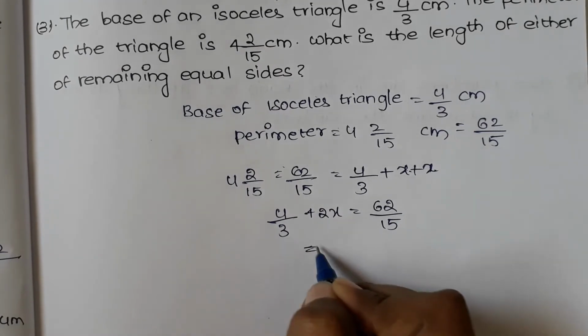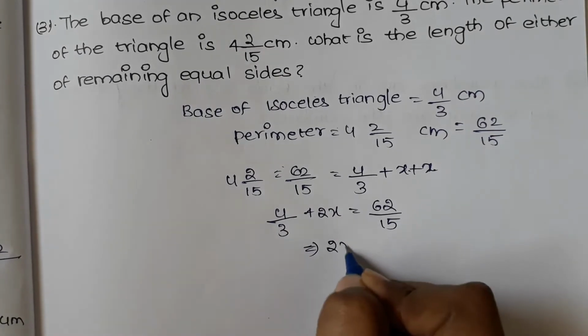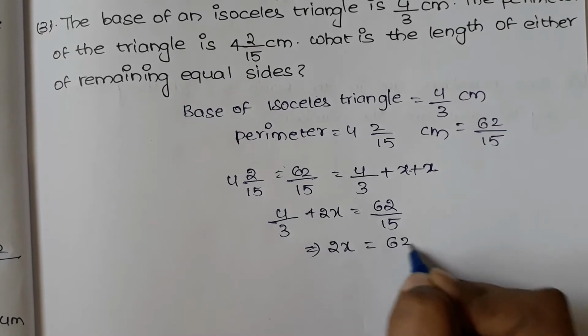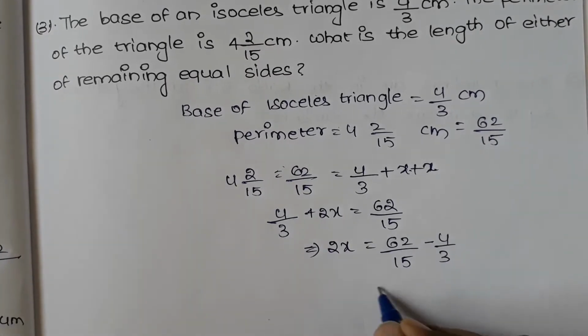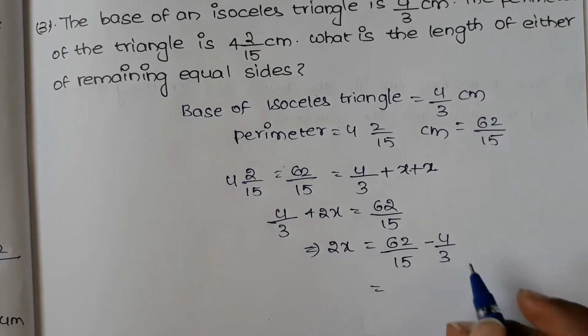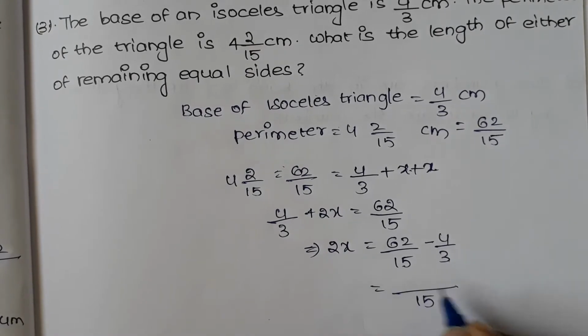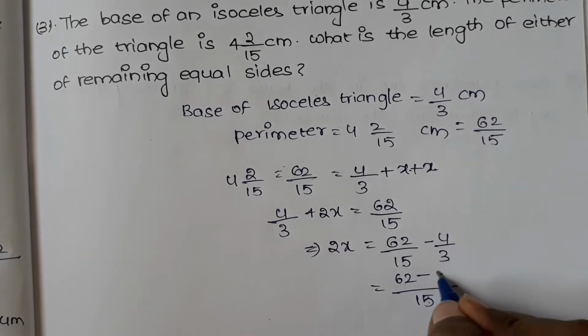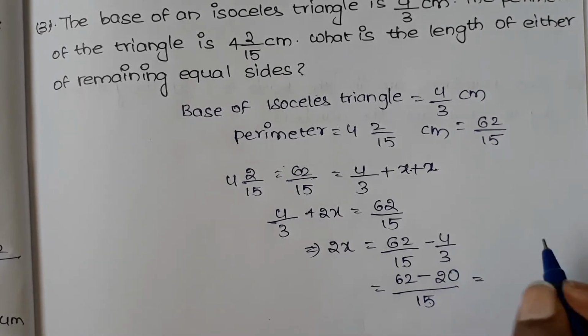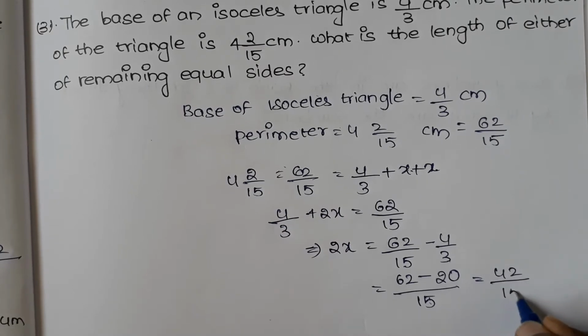Now this 4 by 3 taken to the RHS side, 62 by 15 minus 4 by 3. Now LCM should be taken for 15 and 3 is 15. 62 minus 3 into 5, 5 4s are 20, that is 42 by 15.